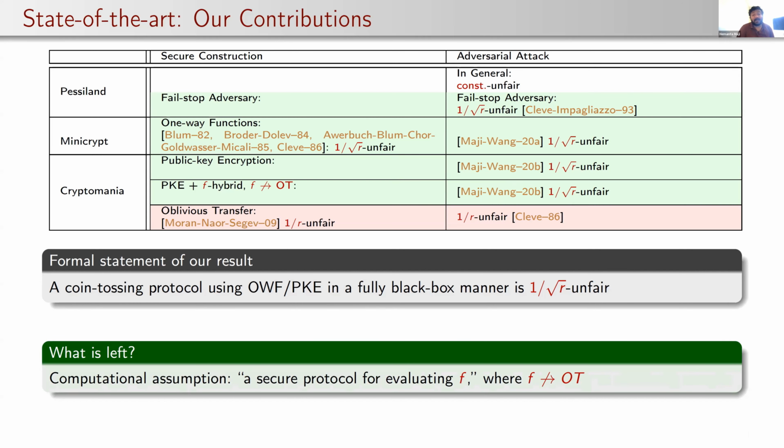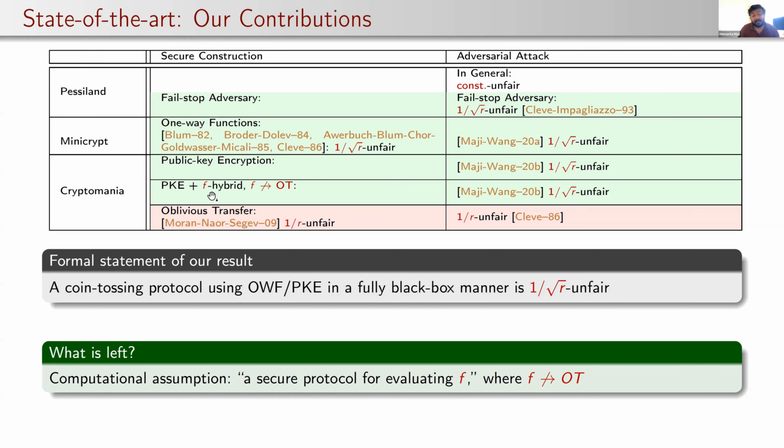So this picture might give a false impression that we resolved everything. There is no gap left. But let me tell you an open problem, which I feel is one of the biggest open problems in this field. Suppose f is a function that does not enable oblivious transfer. Assume that there exists a secure protocol to compute f. This assumption is stronger than just providing access to f hybrid.